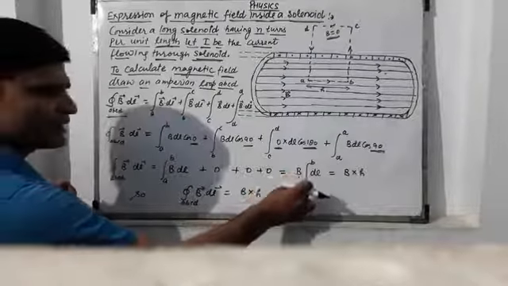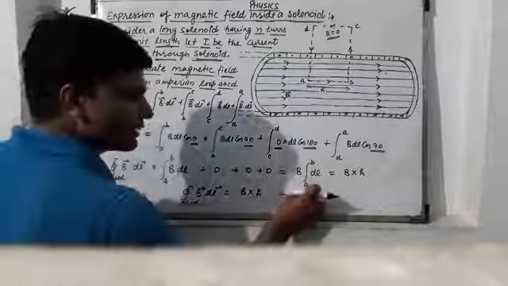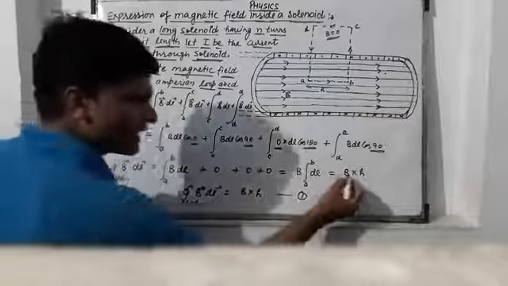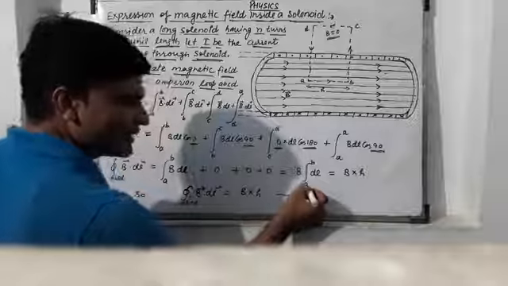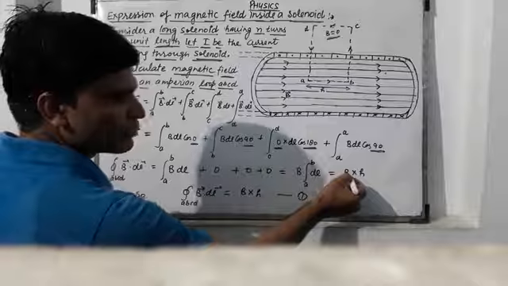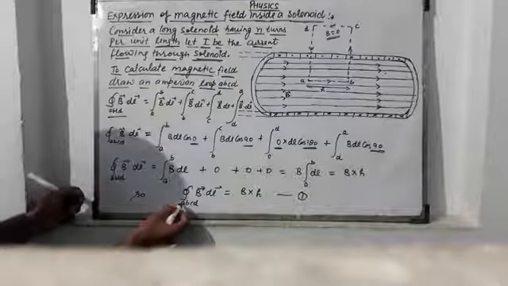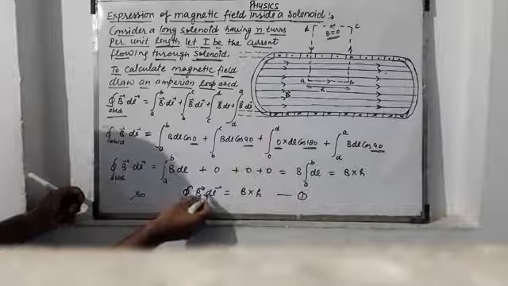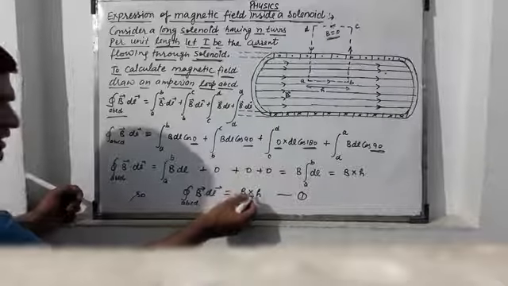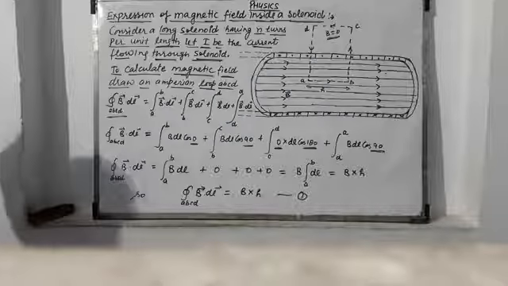Then we get B times the integral of dl from A to B. But A to B is h, so the integral of dl from A to B equals h. Thus, the line integral of B·dl around ABCD is equal to B h. This is equation number 1.